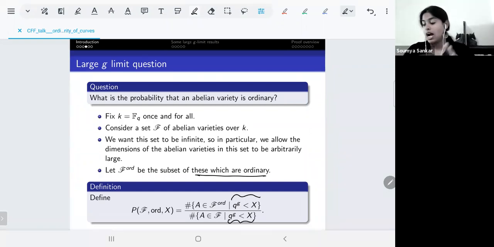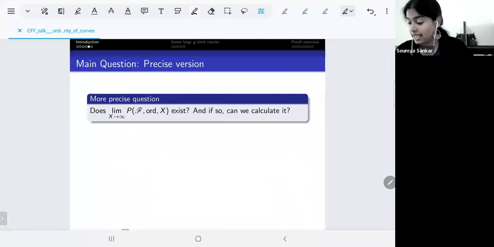So this is, up to genus log x, what proportion of abelian varieties are ordinary. That's what this is measuring. What we want to do now is take the limit as x goes to infinity and ask: does this quantity exist, and if so, can we calculate it?